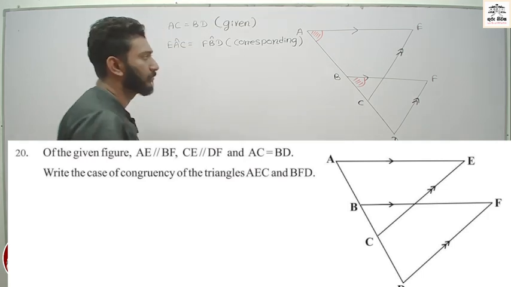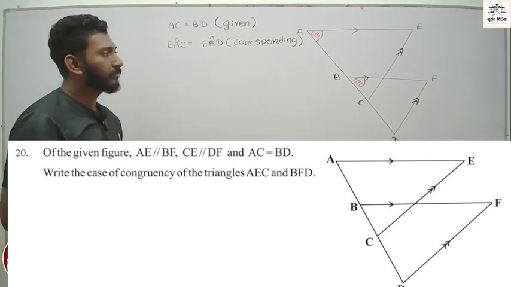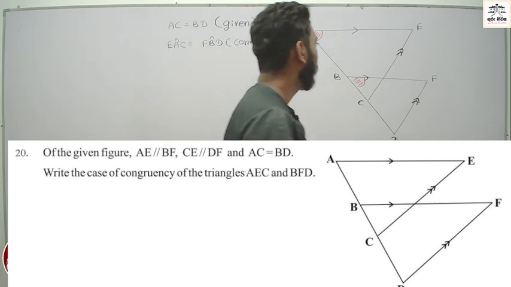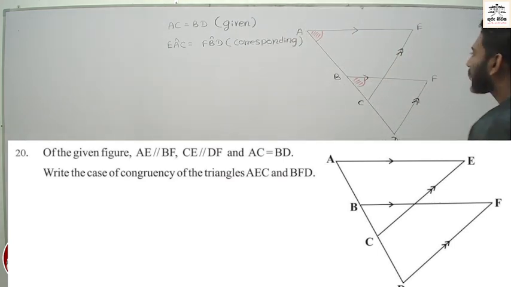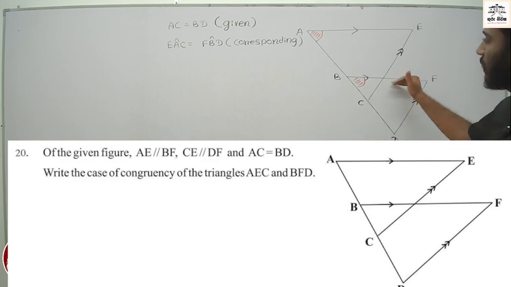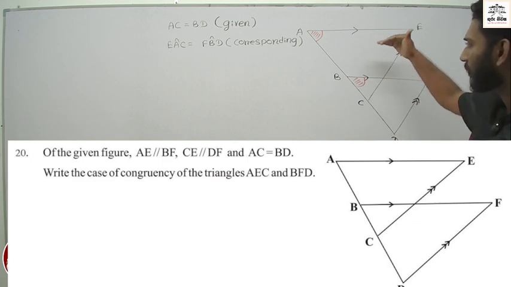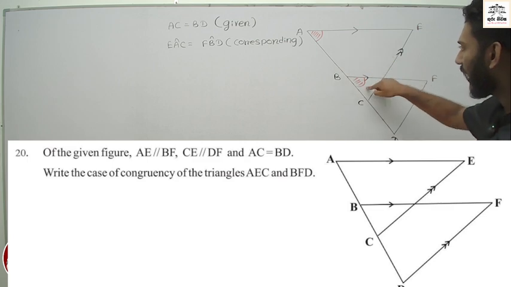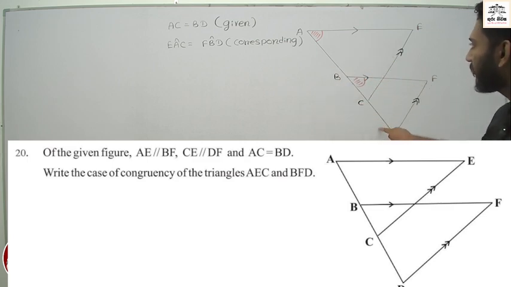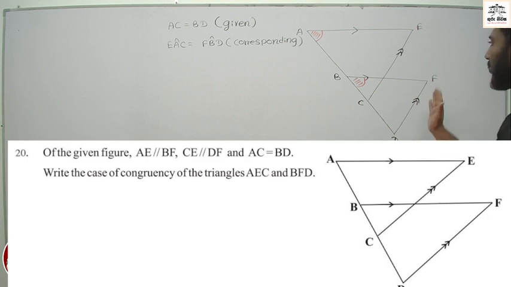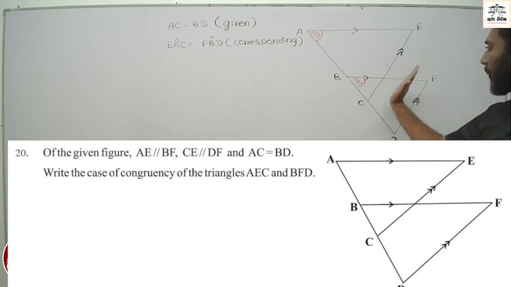Corresponding angles. As well as look at this. This one. And these are the parallel lines, right? And the angle, angle, and side, and here also you can write as a parallel lines here.